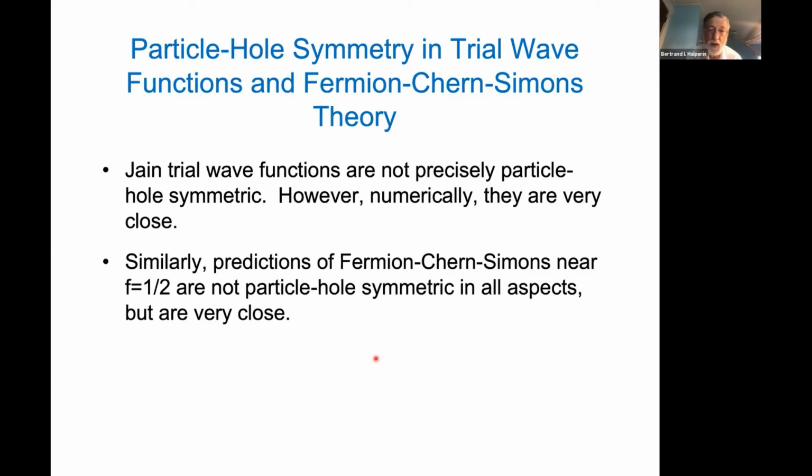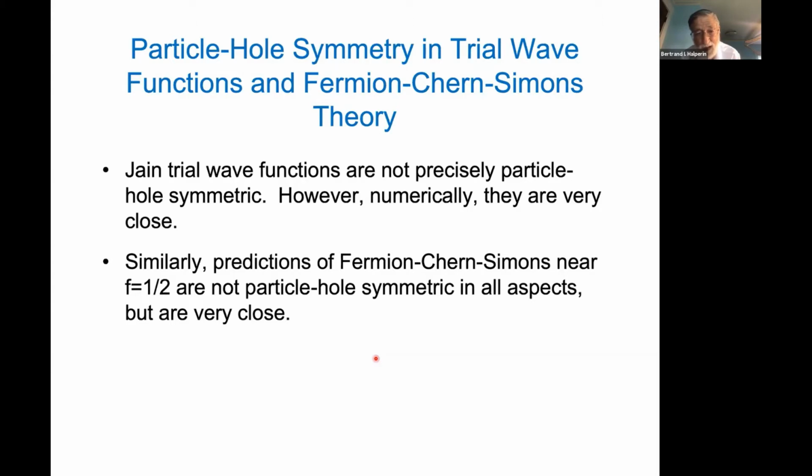And I should mention that, again, for single layers, if you look at a Jain trial wave function, it is not precisely particle-hole symmetric. There's not an exact mapping between the trial wave functions for, say, positive and negative p's, which means between, say, something like 2/5 and 3/5.